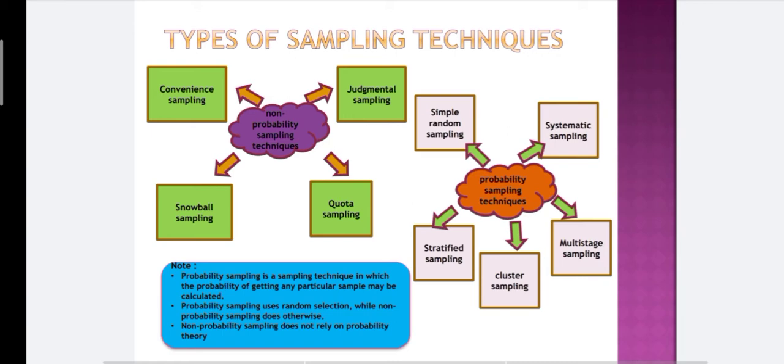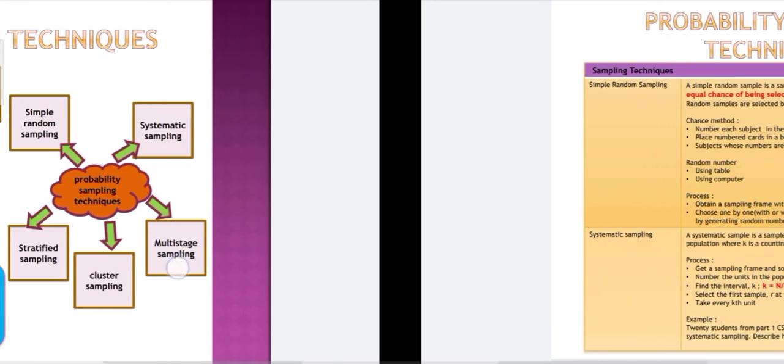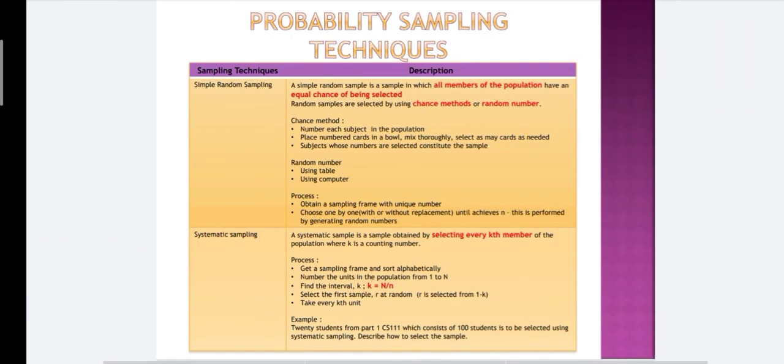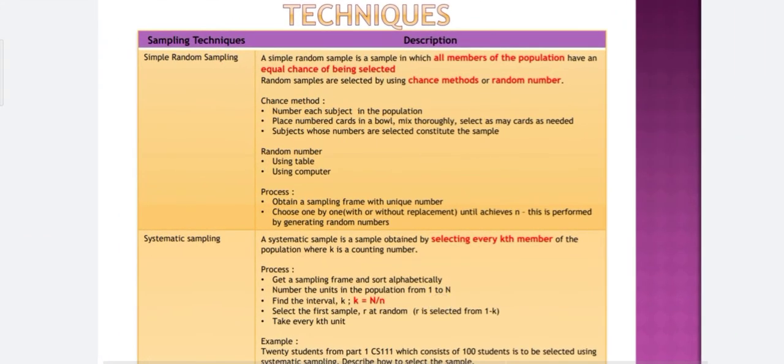Okay, so we will go one by one. The first one, simple random sampling. Maybe you all pernah dengar kan, simple random sampling. It is a sample in which all members of the population have equal chances of being selected.